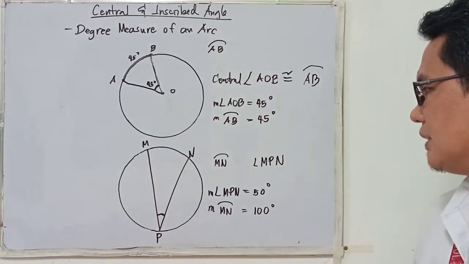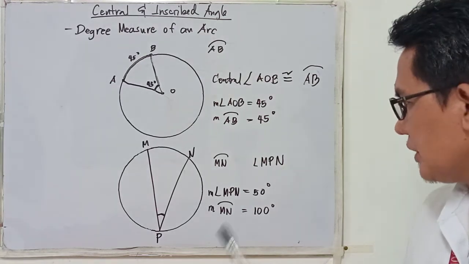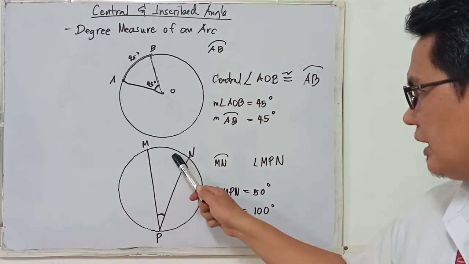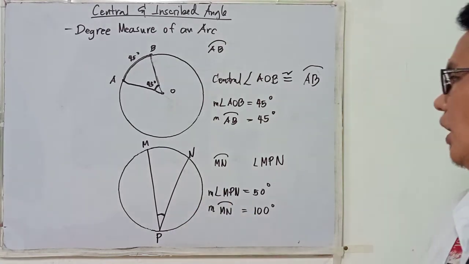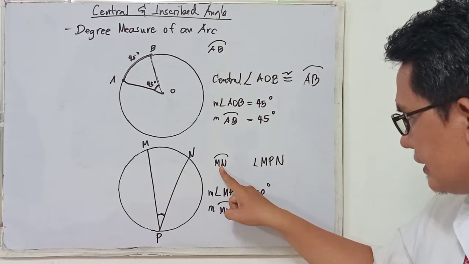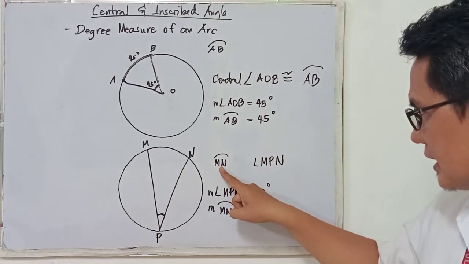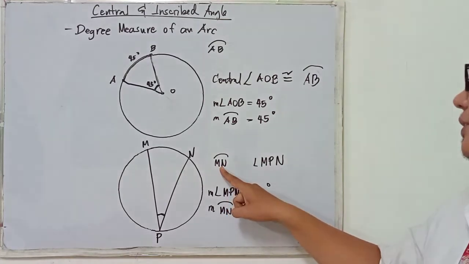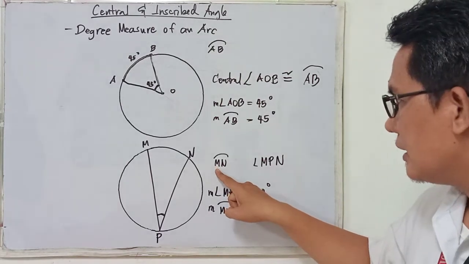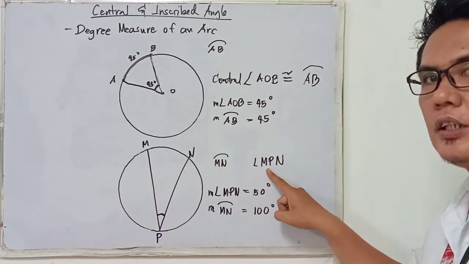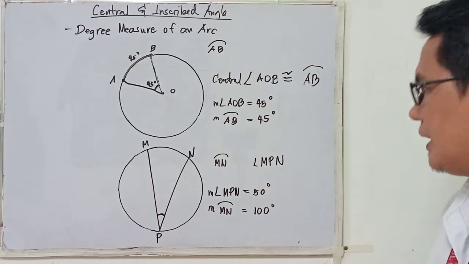If this is 50 and this is 100, it means that our arc MN is twice the measurement of our angle MPN.